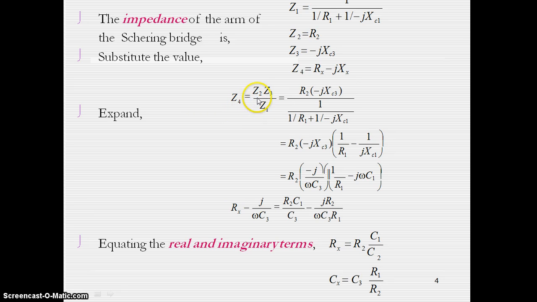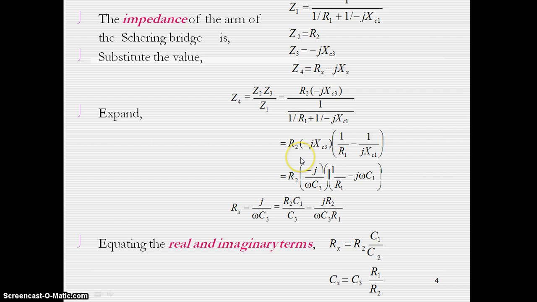At balance, Z1 Z4 is equal to Z2 Z3. Then obtain the value of Z4 as Z2 Z3 upon Z1. Put the values of Z2 and Z3, that is R2 into bracket minus jX3 upon 1 upon R1 plus 1 upon minus jX1. Then R2 minus jX3 into 1 upon R1 plus, then the minus sign, minus 1 upon jX1.